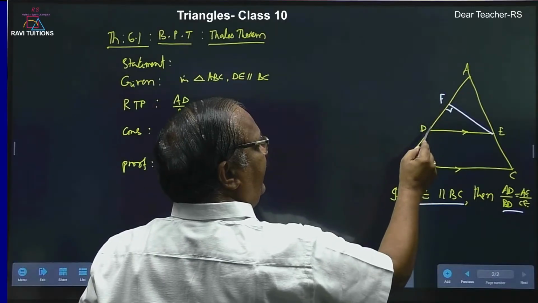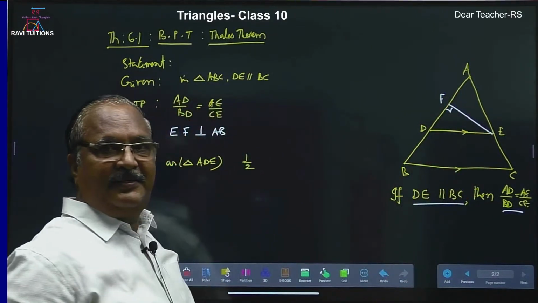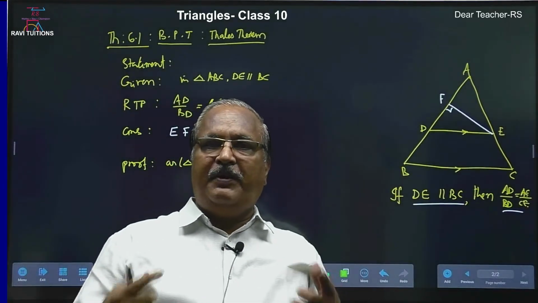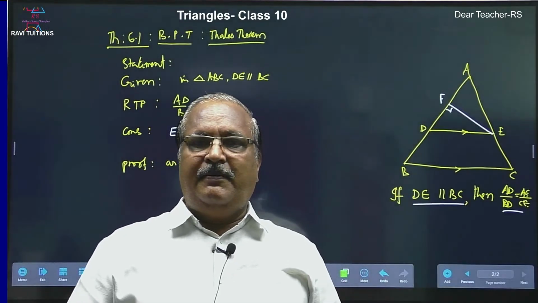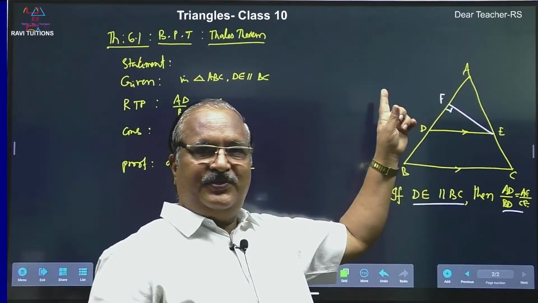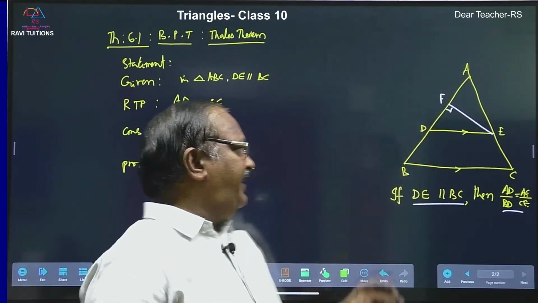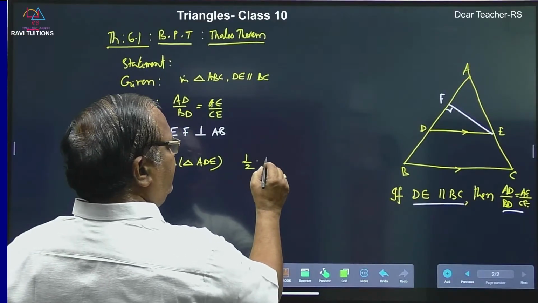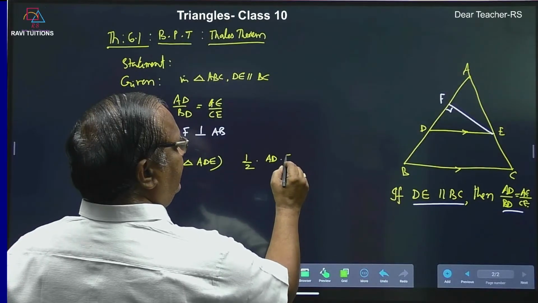You can take AD as base, you can take DE as base, and you can take AE as base. In a triangle, if you want to apply area of triangle, you can take any side as base. But here we take AD as base because we have height with respect to AD. So let us take AD as base. So half into AD into height, which is EF.